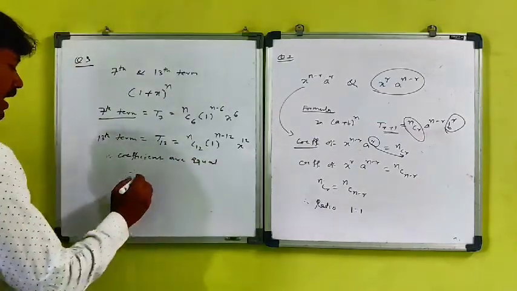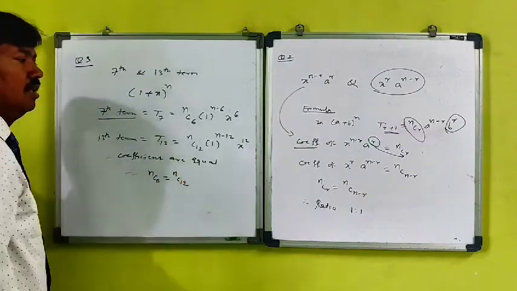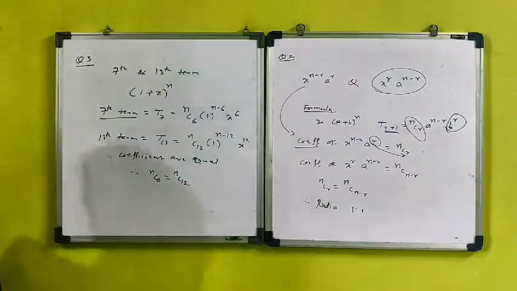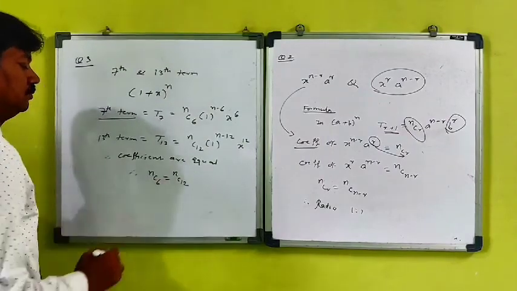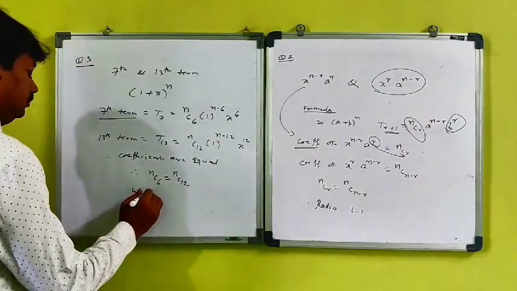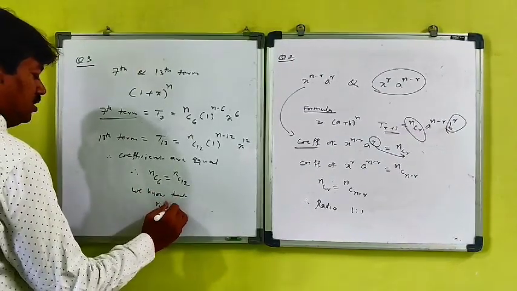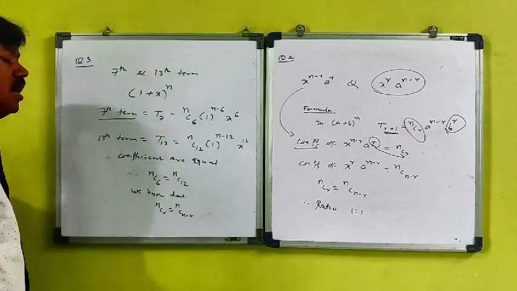Therefore, nC6 should be equal to nC12. That is only possible when, as we know, nCr is always equal to nC n minus r.